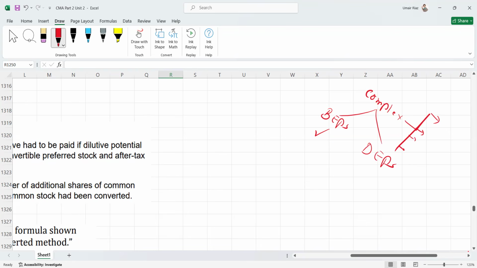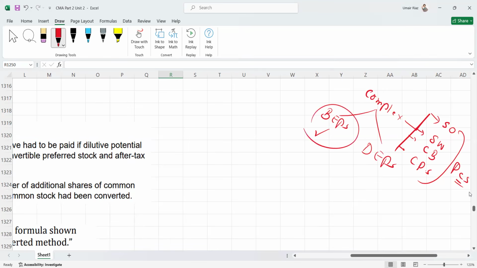These are called potential common stock.